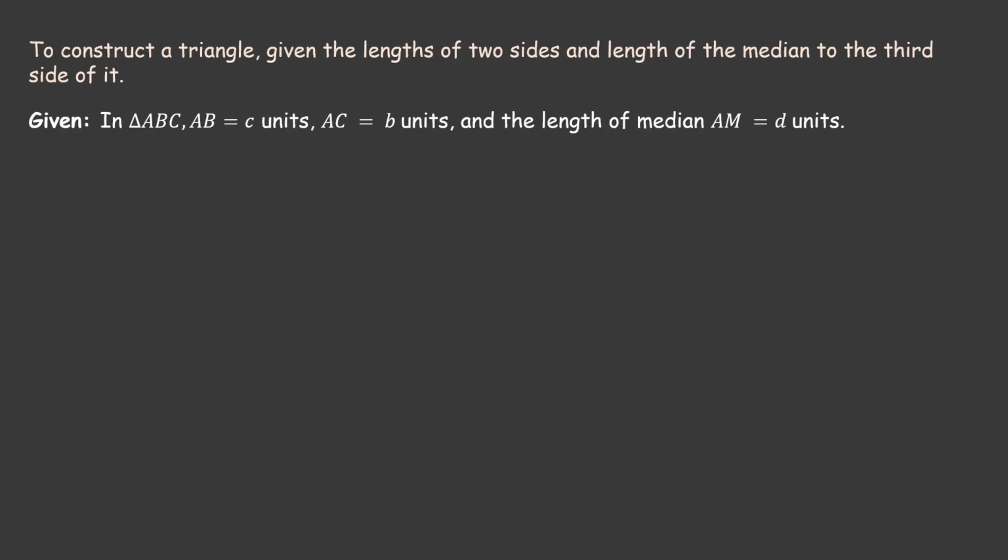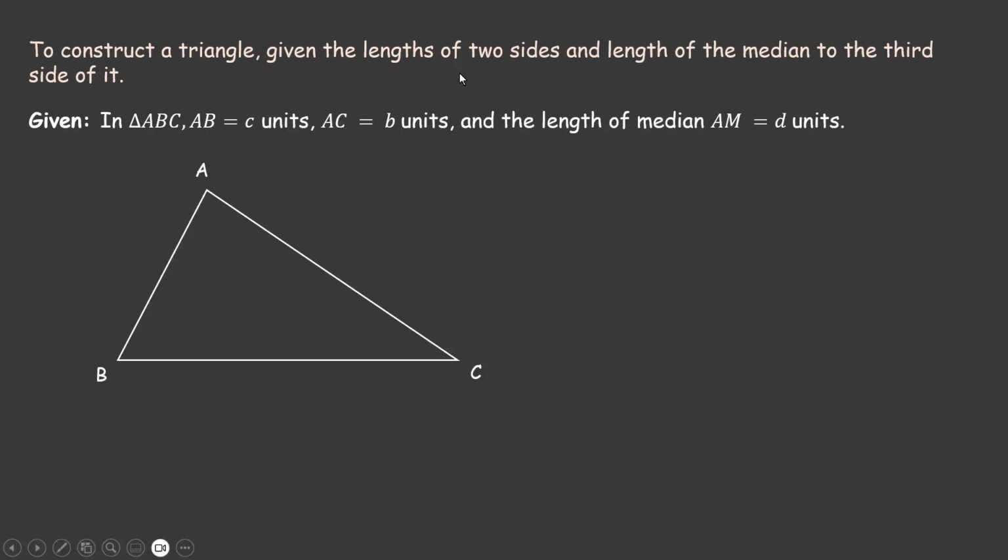Before we move to construction, let us look at a step-by-step analysis of how the construction will proceed with the help of this rough diagram. So let us say this is the triangle ABC that we need to construct, where AB is c units, AC is b units, and the length of the median AM is d units.